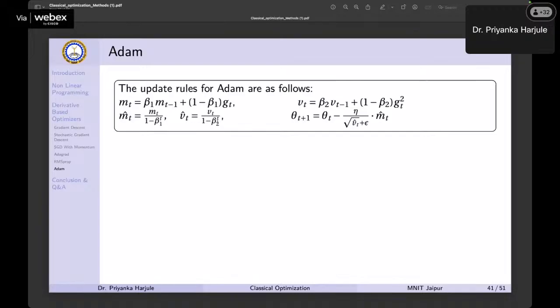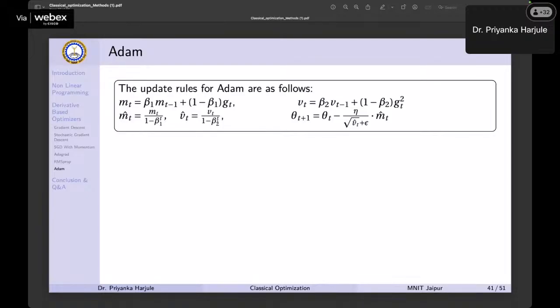If this is not taken, the results will be misleading because there will be bias towards 0. The bias in m_t arises because it starts from 0 and it uses exponential averaging. If you want to see the derivation, you can calculate the expected value, assuming the gradient to be a random variable and the expected value of the gradient at all times is mu, that is the mean value.